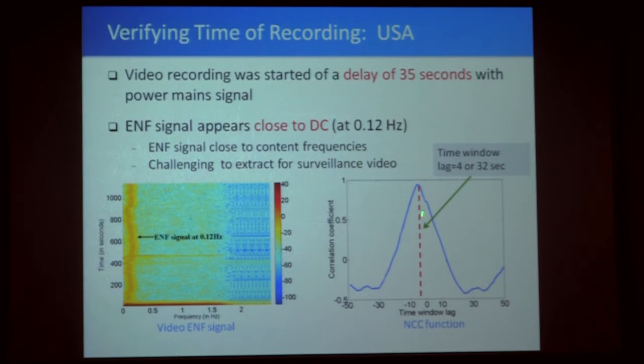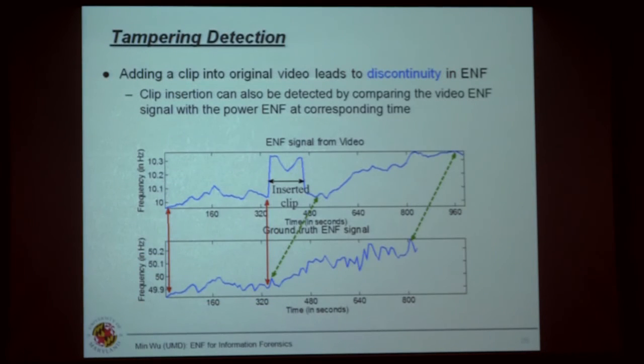And this alignment gave us about 32 seconds, with an 8-second time frame resolution. The actual delay we started with is 35 seconds. So we can control the frame size to balance and trade off the time resolution and the reliability in estimating the instantaneous frequency.